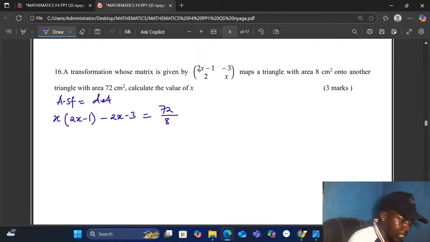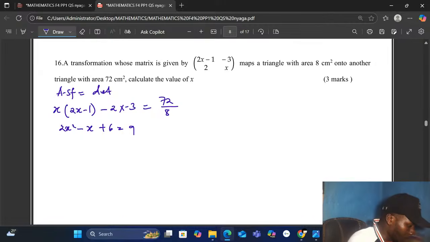So determinant says you take 2x minus 1 times x, and then minus 2 times negative 3, which is equal to this area scale factor, 72 divided by 8, we get 9. So 2x minus 1 times x plus 6 equals 9.